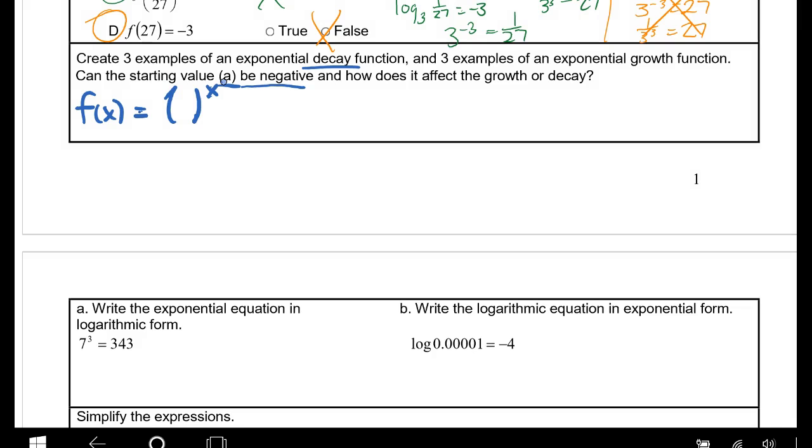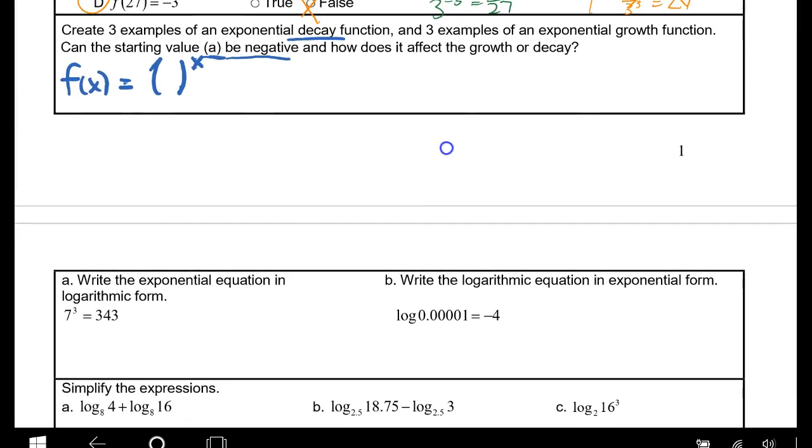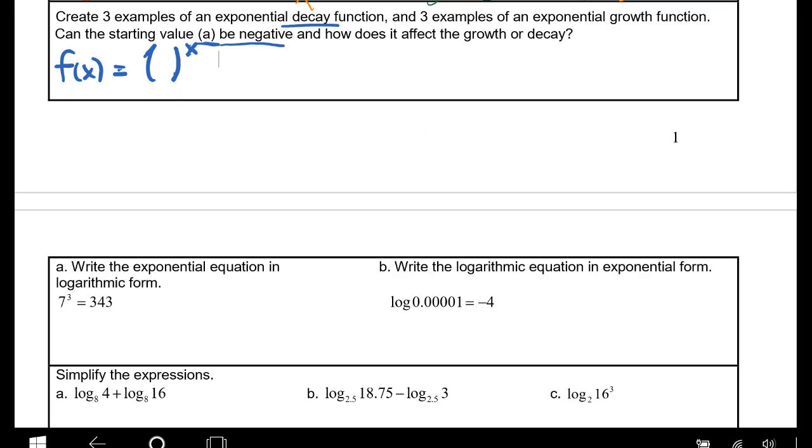So I know if it's a decay that it's going to have to decrease over time. And for decays, our b value would have to be less than 1. So b has to be less than 1. You can just choose any number to plug in here.